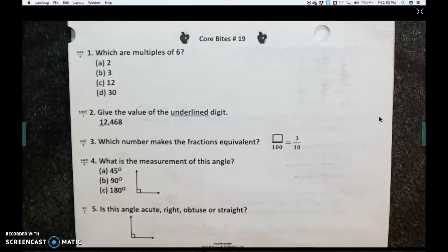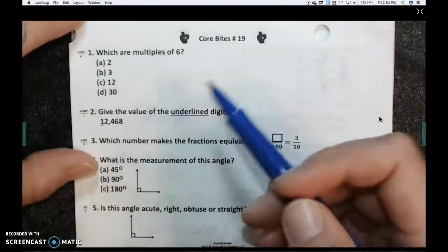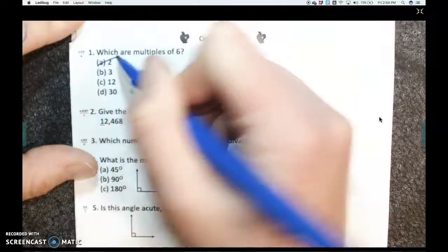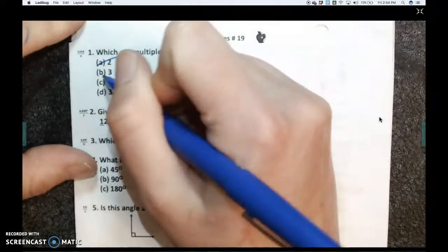So number 1 says, which are multiples of 6? What you're trying to figure out is what numbers you can multiply 6 by. Basically, you would multiply 6 by numbers to make numbers, right? So 6 times nothing would give you 2. 6 times nothing would give you 3.